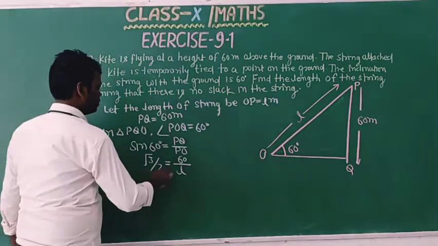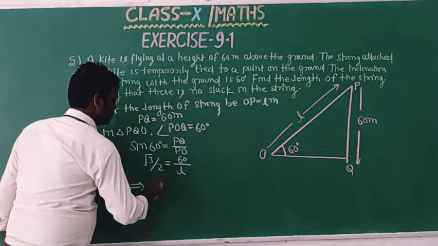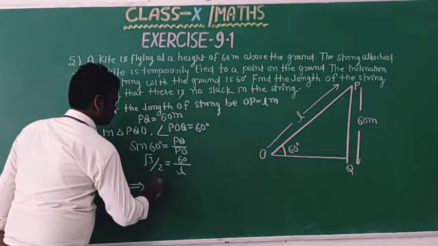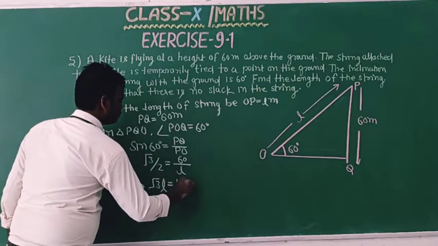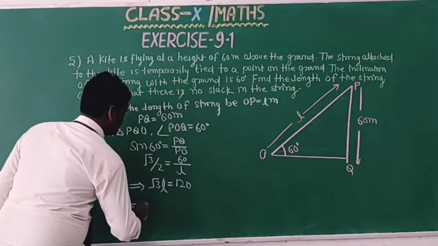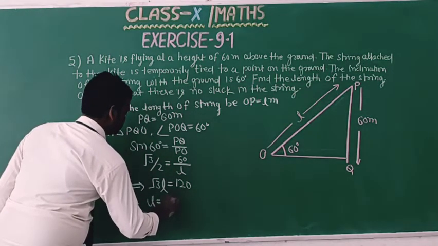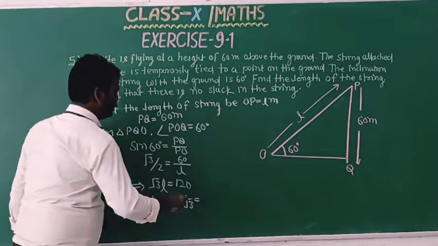Now cross multiply, so this becomes square root 3 L equal to 120, and this implies L equal to 120 by root 3.